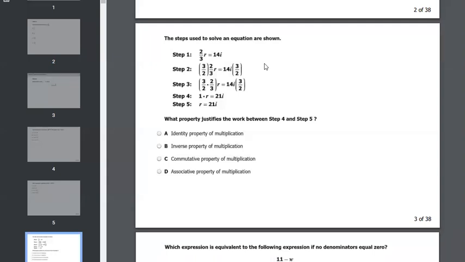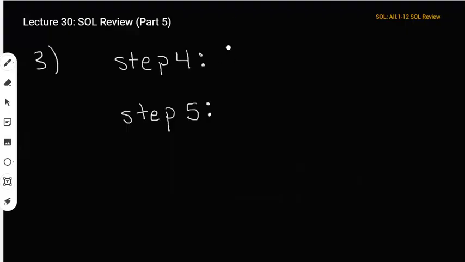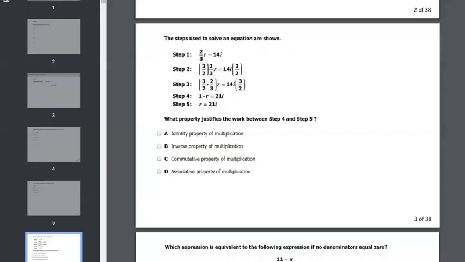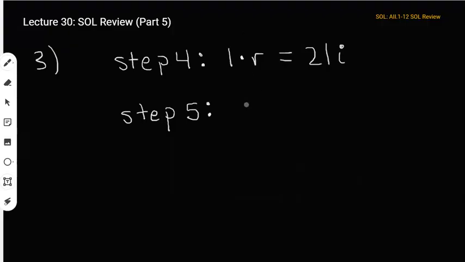So this one says the steps used to solve an equation are shown. What this is trying to do is solve for r. So I'm trying to get r by itself. Step 4 says 1 times r is equal to 21i. And then step 5 says r equals 21i.